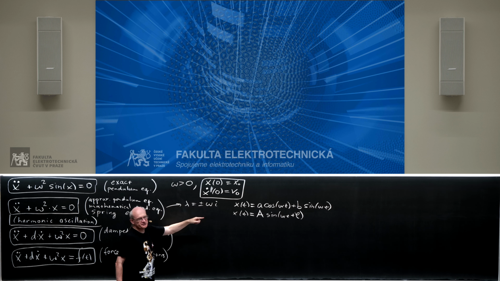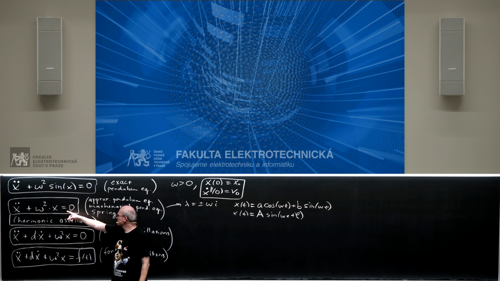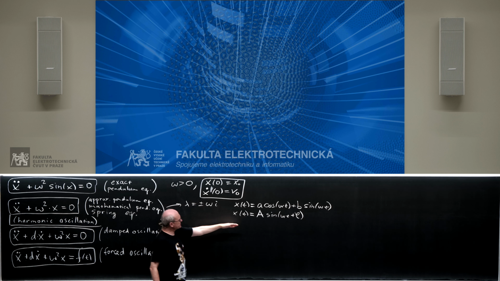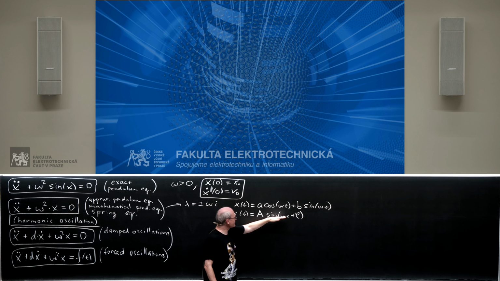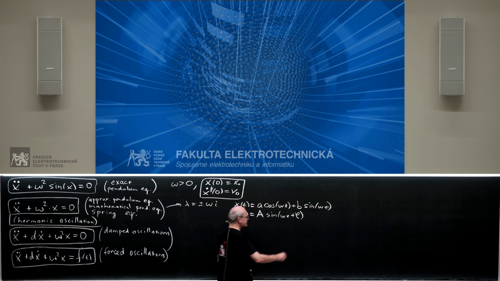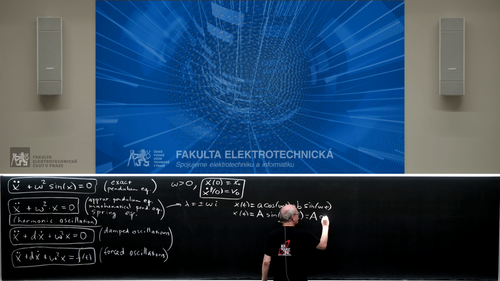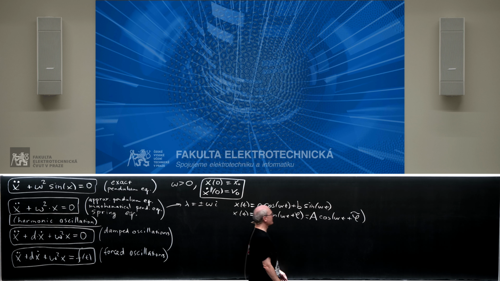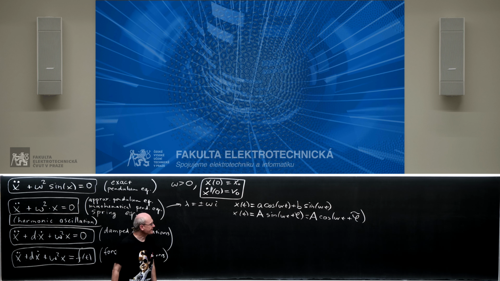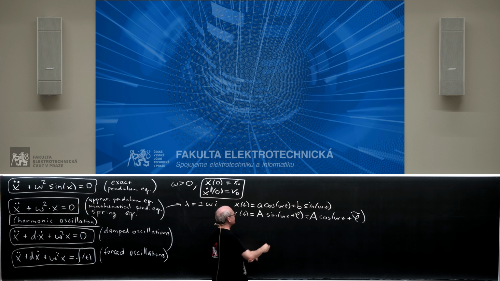So all solutions of a harmonic oscillation equation look like this. These are just shifted sines or shifted cosines. You can do the same with cosine, you just use a different shift. Okay? So if you prefer cosines, you can write A cosine of omega t plus some different phi. No problem there. There are some equations which connect these constants.